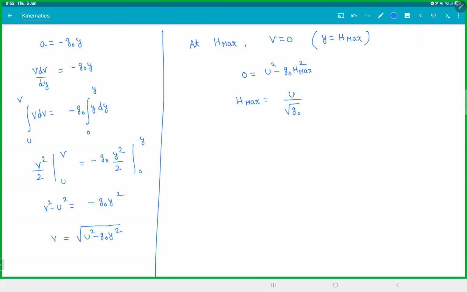So you just have to go back to the basics. Integration, a is v dv by dy, and then you just integrate. So when you're reaching the maximum height, your speed will be 0. Question still not over. What about the time of ascent?